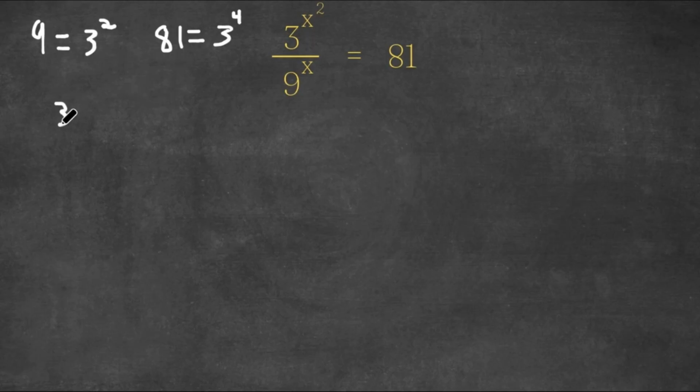So we have 3 to the power of x squared over, remember, replacing 9 with 3 squared to the power of x. And this is equal to, we're replacing 81 with 3 to the power of 4.